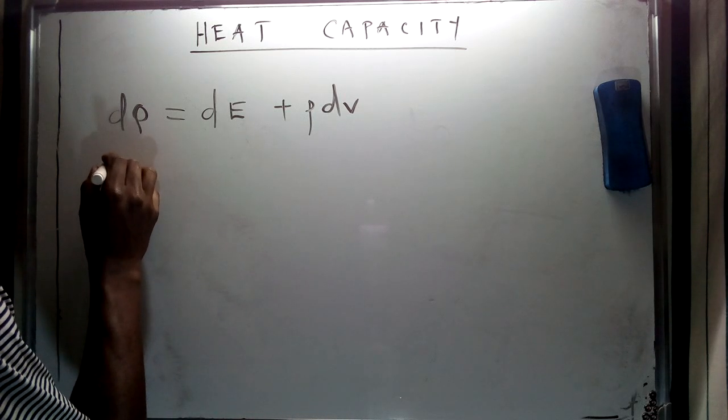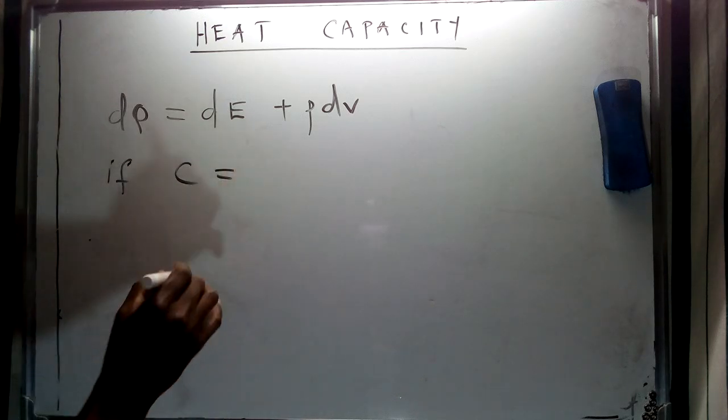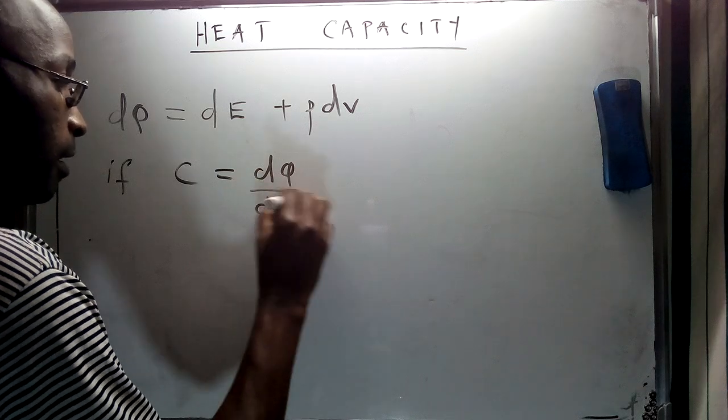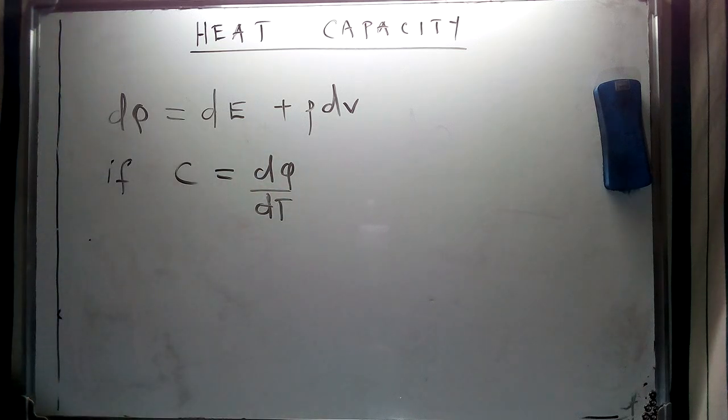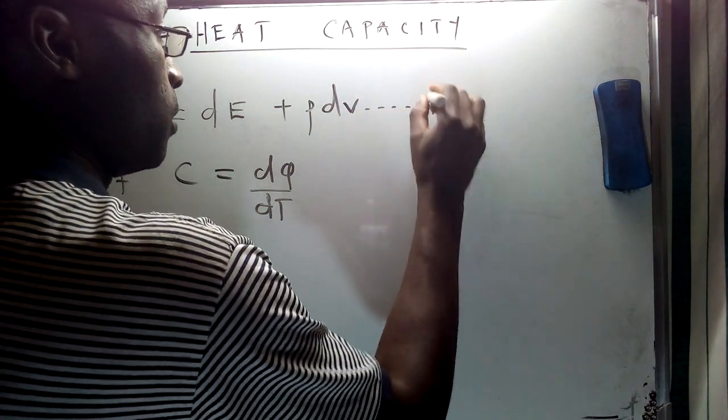Having said that the heat capacity is given in terms of dQ over dT, we can derive a relationship from this, which is our first equation.